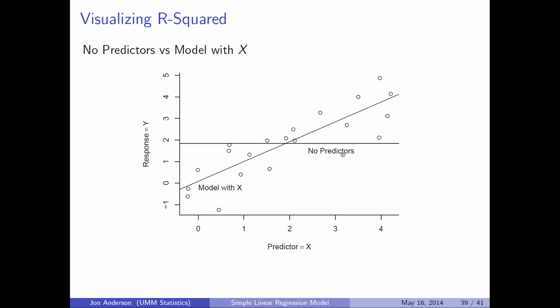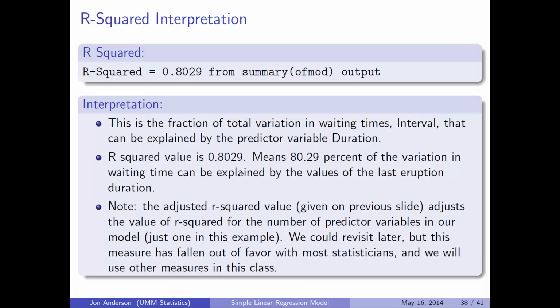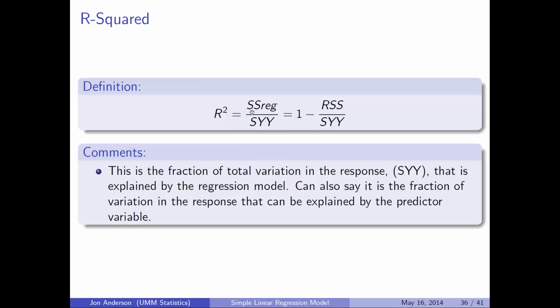So it's the part left over between the variation around the regression line and the variation around y bar. And so the closer that the points vary around the sloped regression line, the bigger this part is.